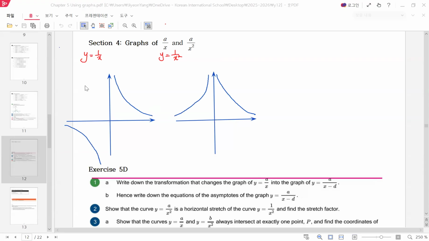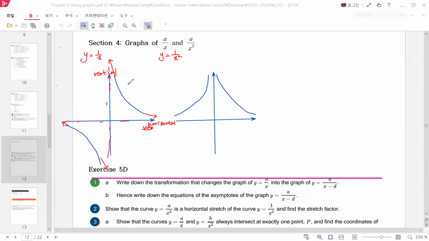And then you can find two lines which this graph goes closer to but never touches. You can see there is one vertical line and one horizontal line, which this graph goes closer to but never touches.